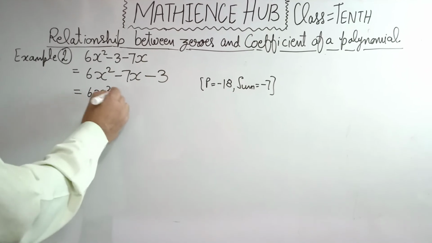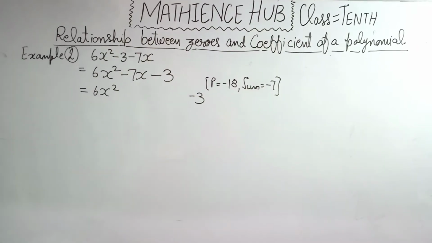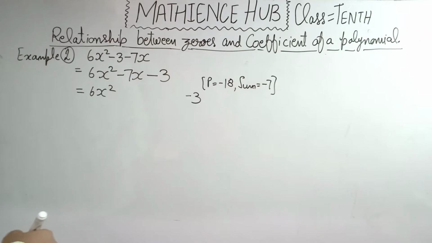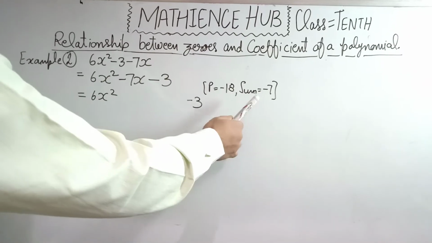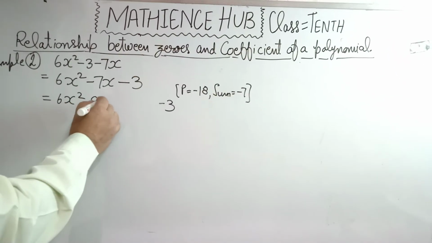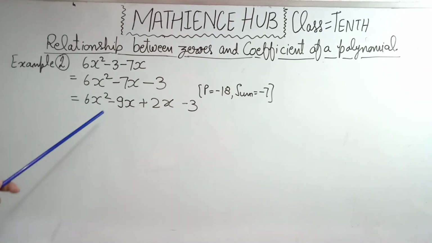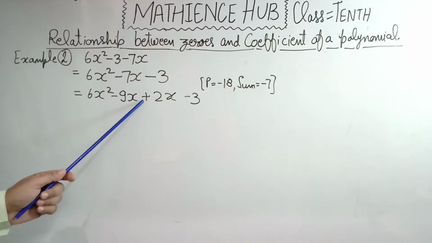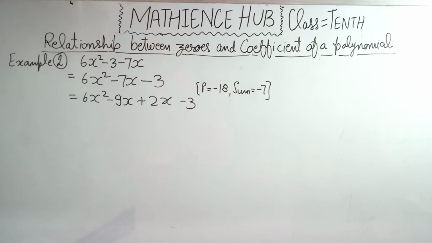Minus 7: we get 9 twos are 18. The product is 9 twos are 18, and 9 minus 2 is 7. So 9x and 2x. Here 9x minus 2x, the larger is with minus sign, because we need minus 7x.